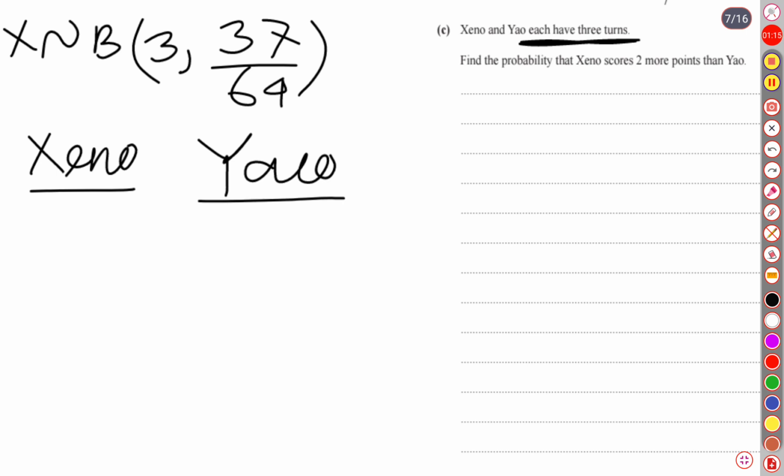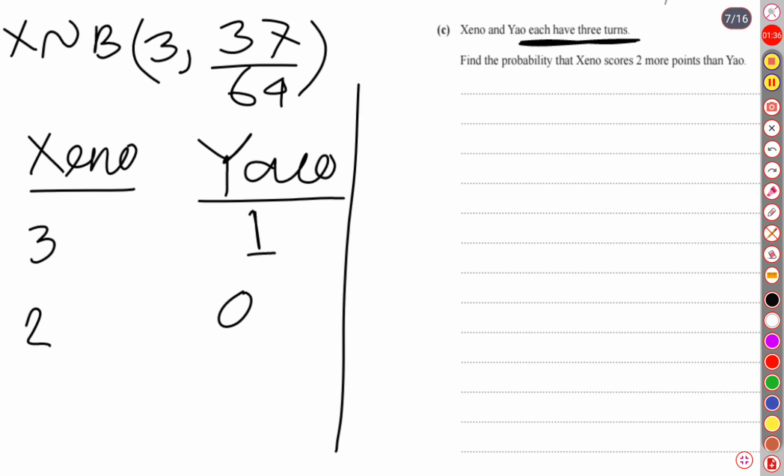Suppose Zeno succeeded three times, so Yao succeeded once, because the difference between the success times should be two. And there may be another option that Zeno might succeed two times and Yao failed every time. So how to write this?